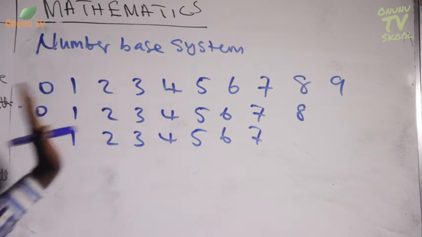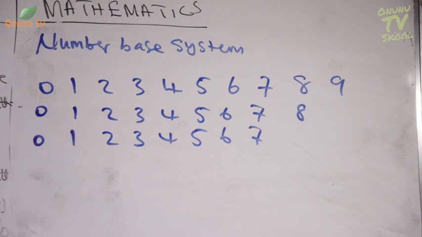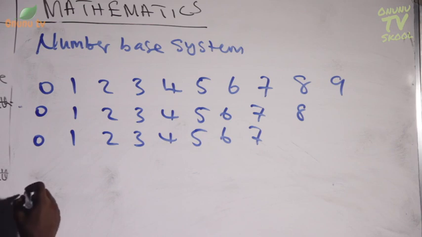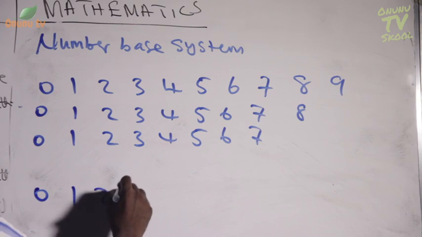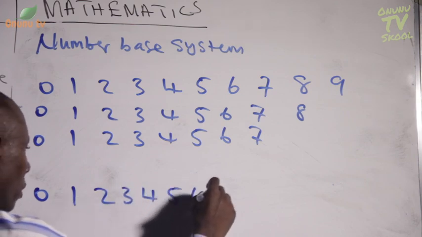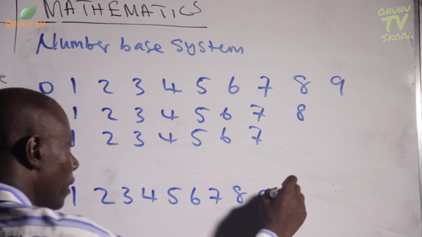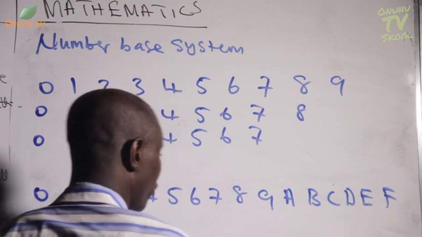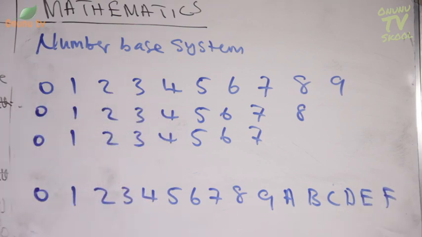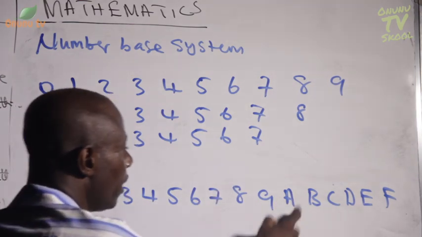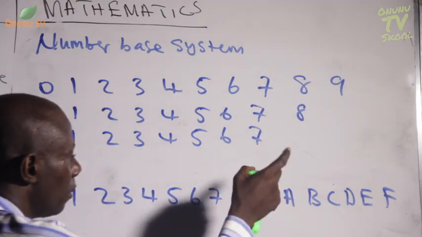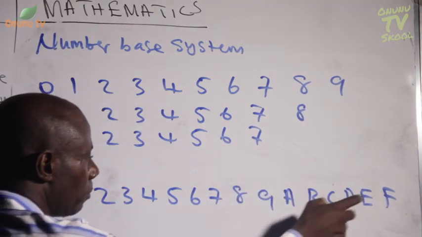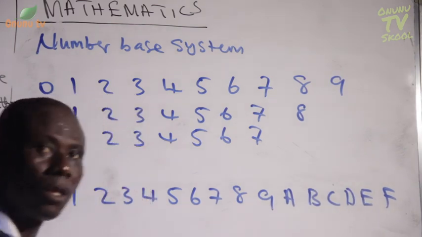Of utmost importance is the hexadecimal number base, which is base 16, and it is written this way: 0, 1, 2, 3, 4, 5, 6, 7, 8, 9, A, B, C, D, E, F. After 9, instead of writing 10, because combining 1 and 0 gives 10, we represent it by the alphabet A, B, C, D, E, F. This means 10, 11, 12, 13, 14, 15, and then finally base 16.